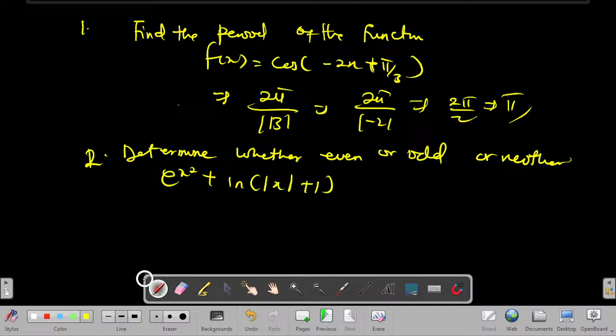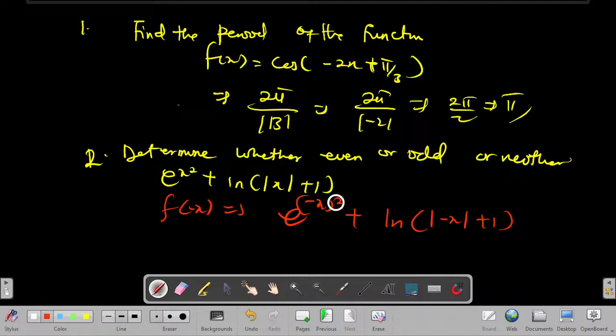Mostly for even and odd, you do even first: f of negative x. Anytime they give you this problem, just put in f of negative x; the outcome will tell whether it's even. What do you get? e to the power negative x all squared plus natural log absolute of negative x plus 1. This ends up giving us e to the power x squared back, and the natural log term is still the same. Therefore, this function is even.